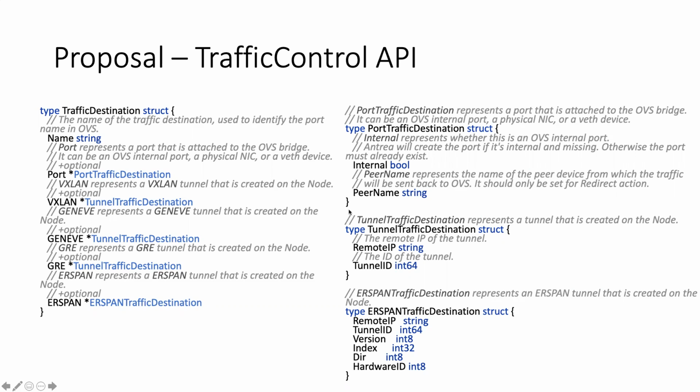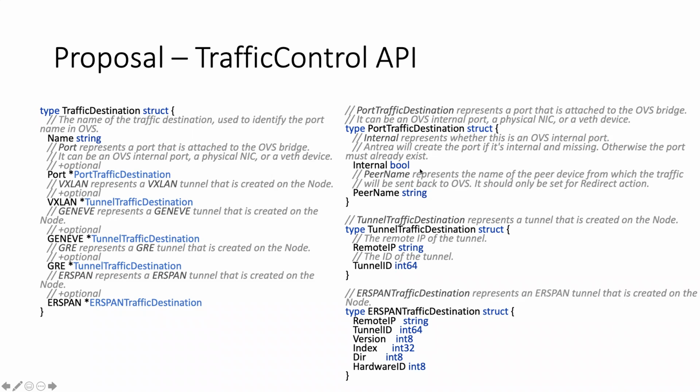Yeah, in this proposal, both scenarios are supported. If users don't want to create their own port, meaning that they don't want to deal with anything related to OpenvSwitch, otherwise they need to mount the OpenvSwitch database and the socket, and they need to manage OpenvSwitch. So that's one scenario. So we provide this internal property.